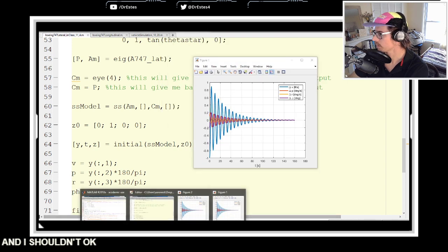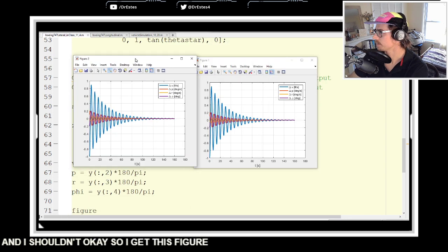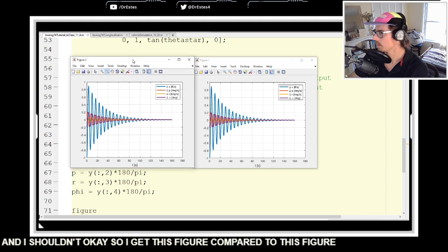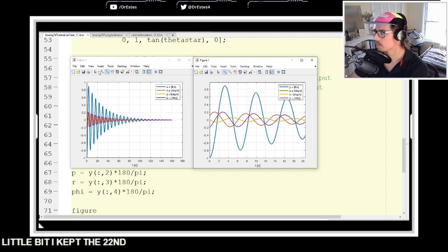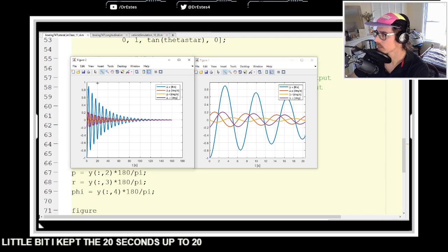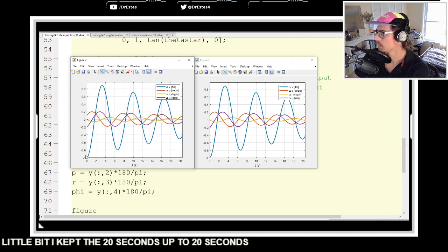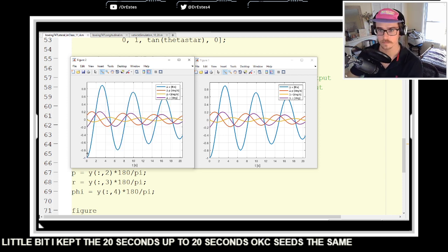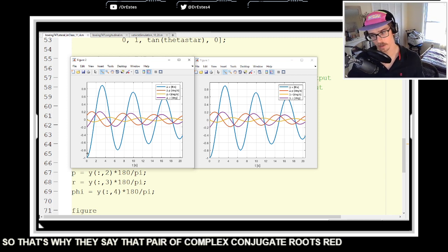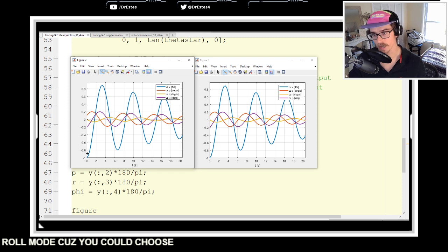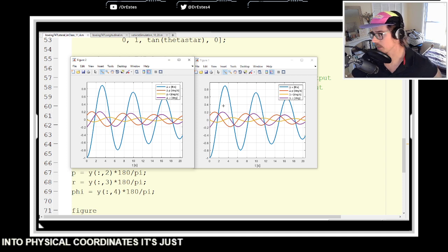Okay, so I get this figure compared to this figure. Maybe we'll zoom in up to 20 seconds. Okay, you see it's the same. That's why they say that the pair of complex conjugate roots represents the Dutch roll mode, because you could choose one or the other. And when you transform back into physical coordinates, it's just that one motion.